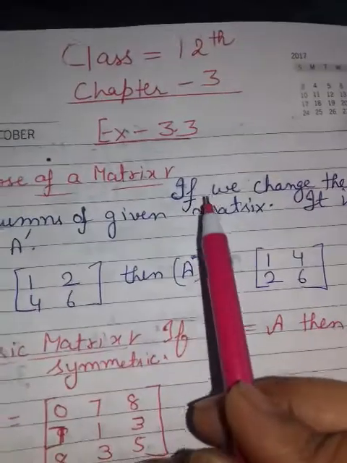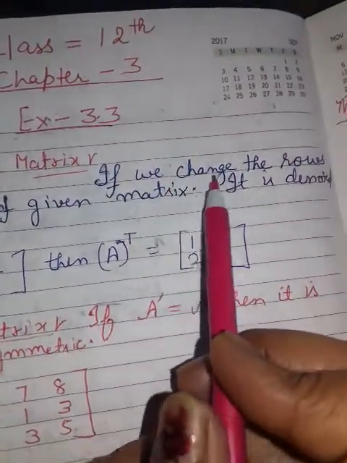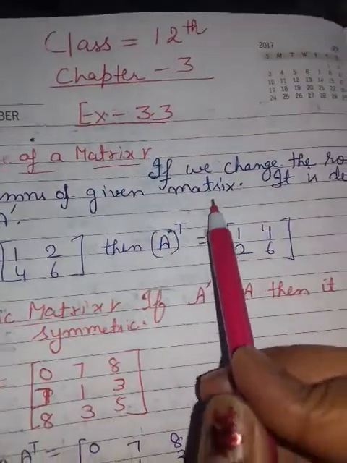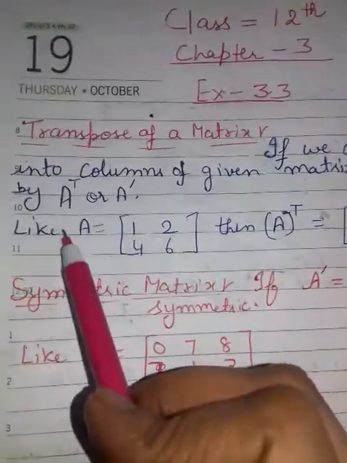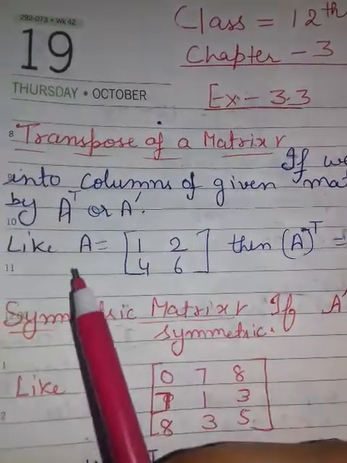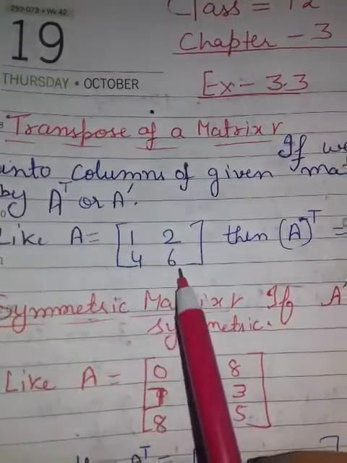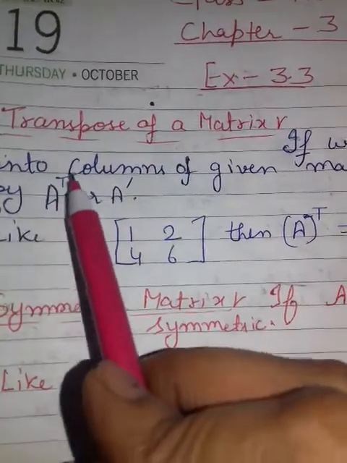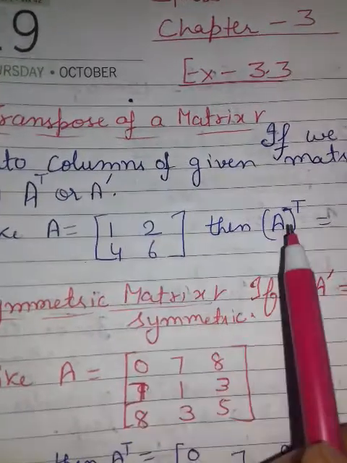Transpose means if we change the rows into columns of your given matrix, it is denoted by A transpose or A dash. Like A is given to you, you have to find its transpose. It is denoted by AT or A dash. What will you do?